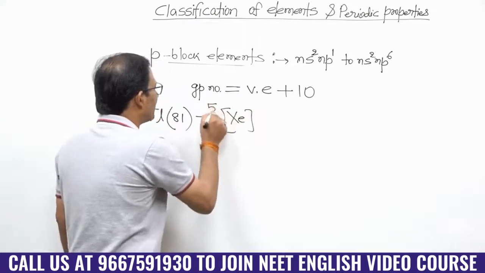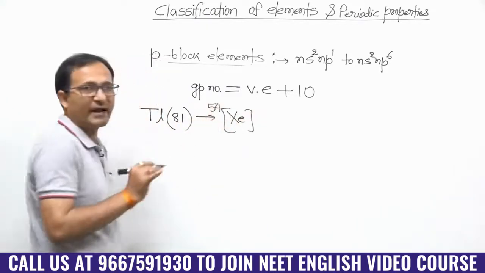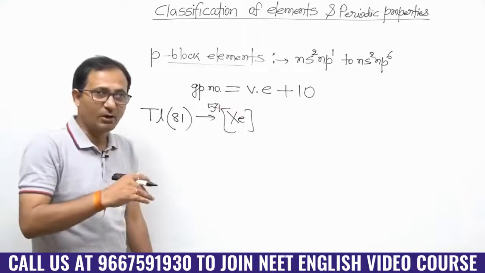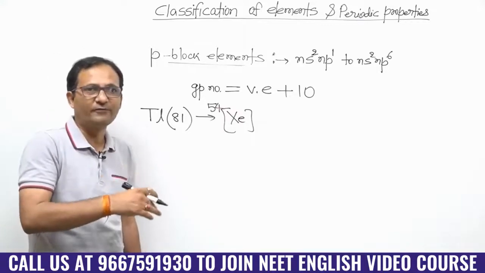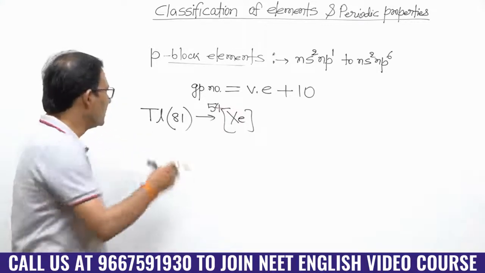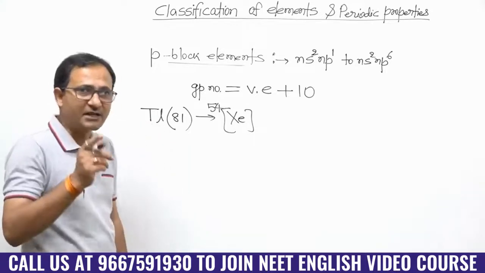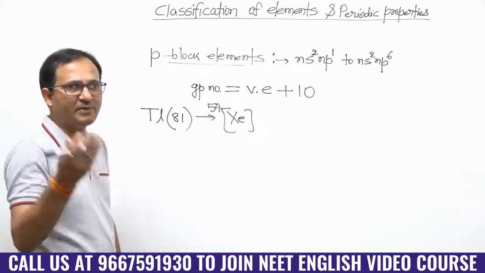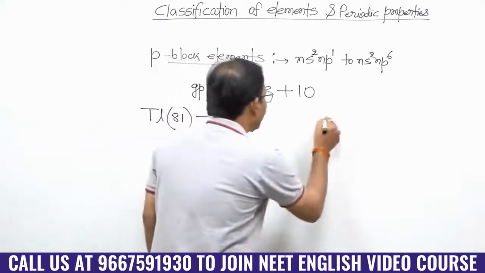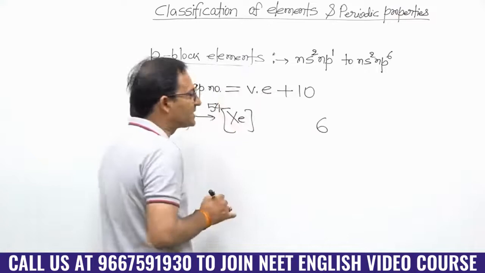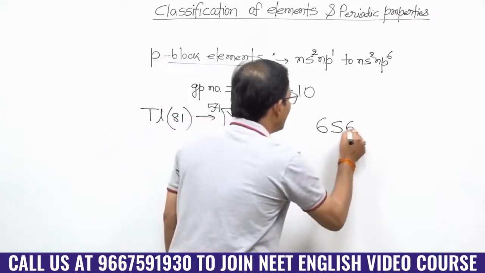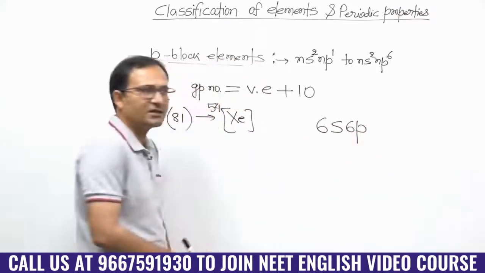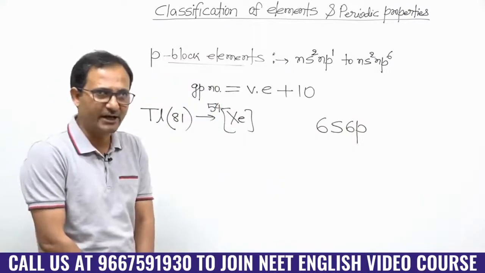Up to 54, xenon, we will write xenon. Now xenon is the last element of 5th period. That means thallium is in the 6th period, and since thallium is in the 6th period, therefore here the outermost shell will be 6, in which maximum 6s and 6p subshells may get electrons.